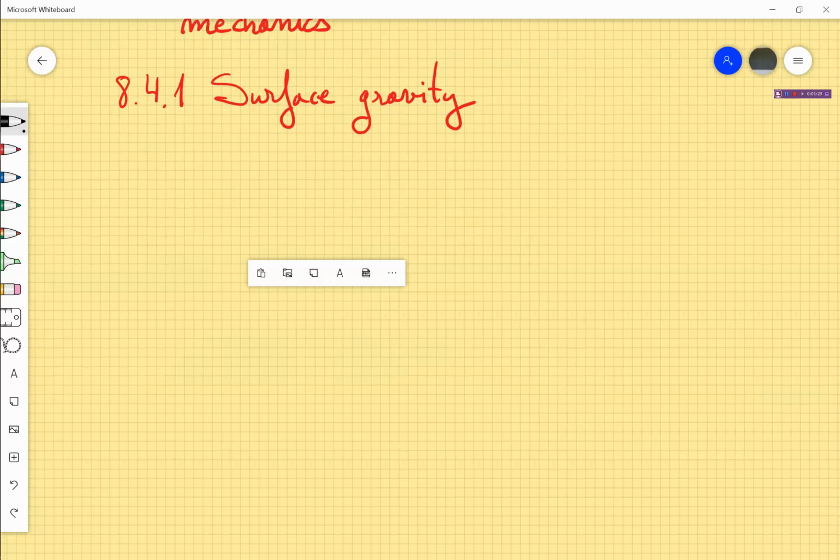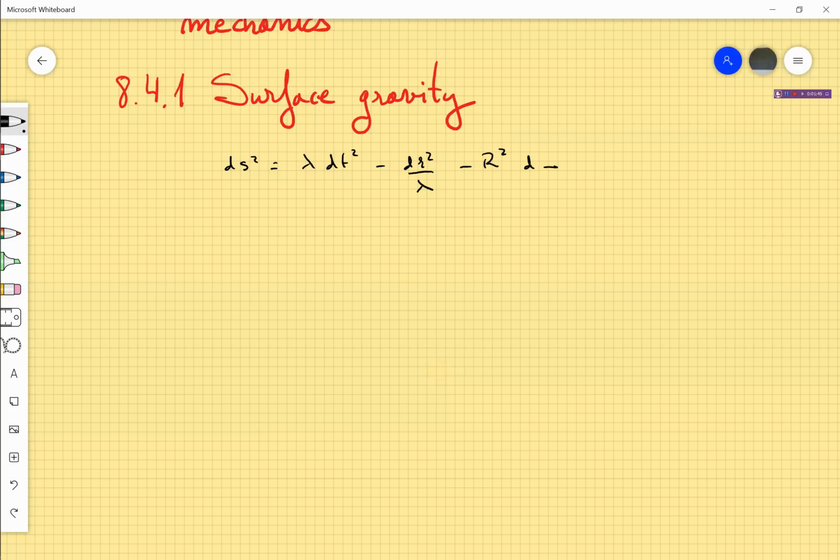Suppose that we have a black hole solution which is described by a metric of this form. This is completely general for static spherically symmetric, as we proved, because we are going to consider this capital R squared, not just the function lambda.